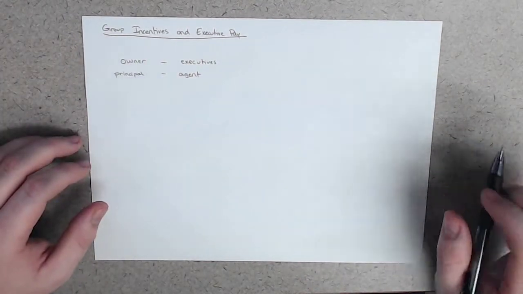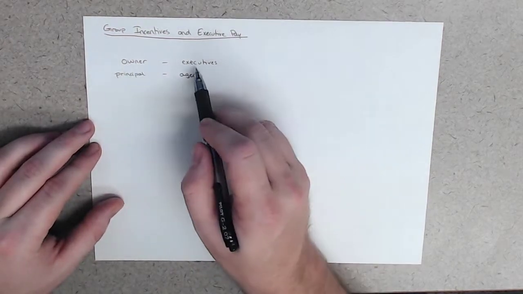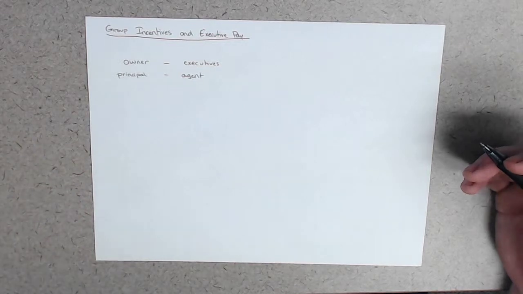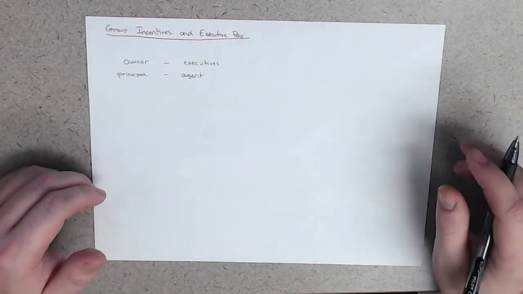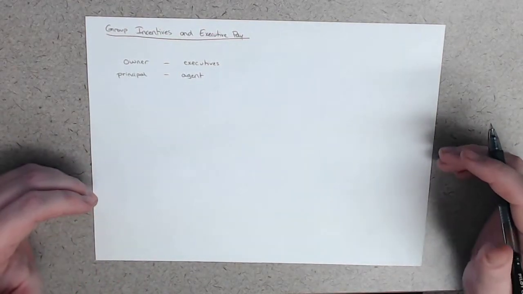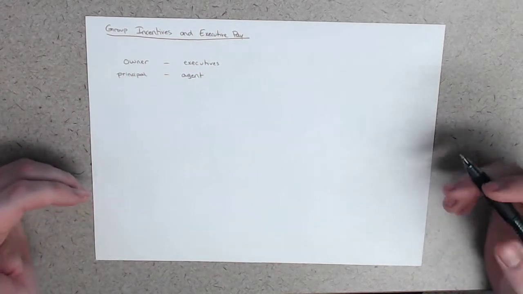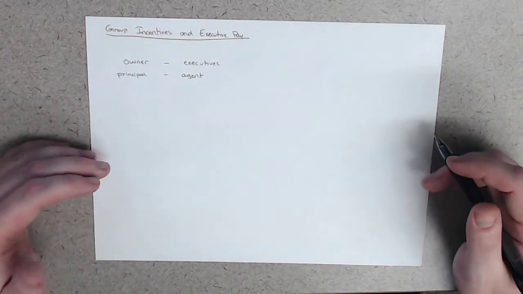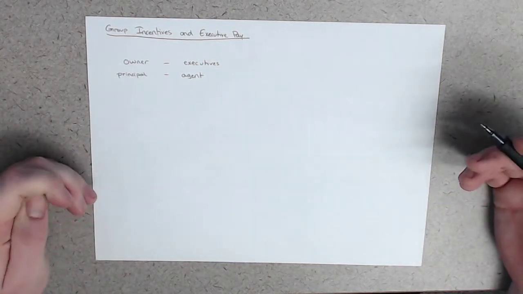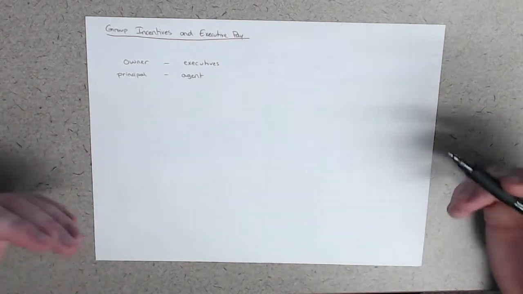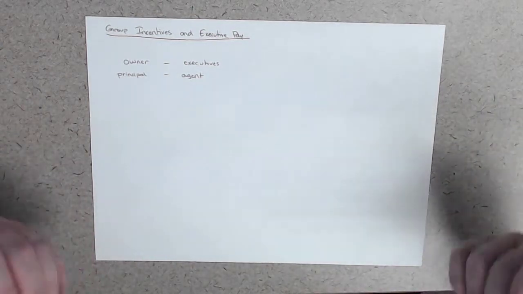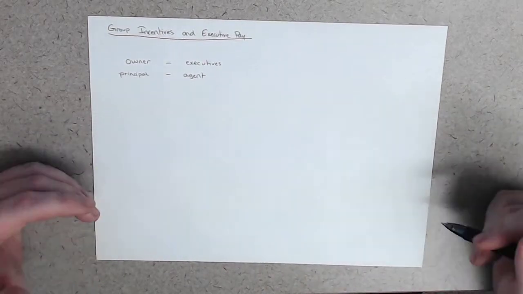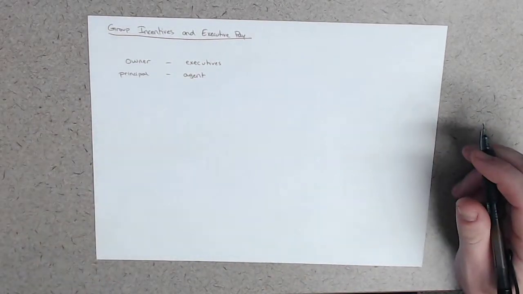And so what we want to do is align the incentives of the executives such that they behave in a way that benefits the owner, or that not only benefits the owner, but does the same thing that the owner would do if he or she were the executive themselves. If the owner were there doing it, what would the owner want done? We want to make it so the executive behaves in the same way as the owner.